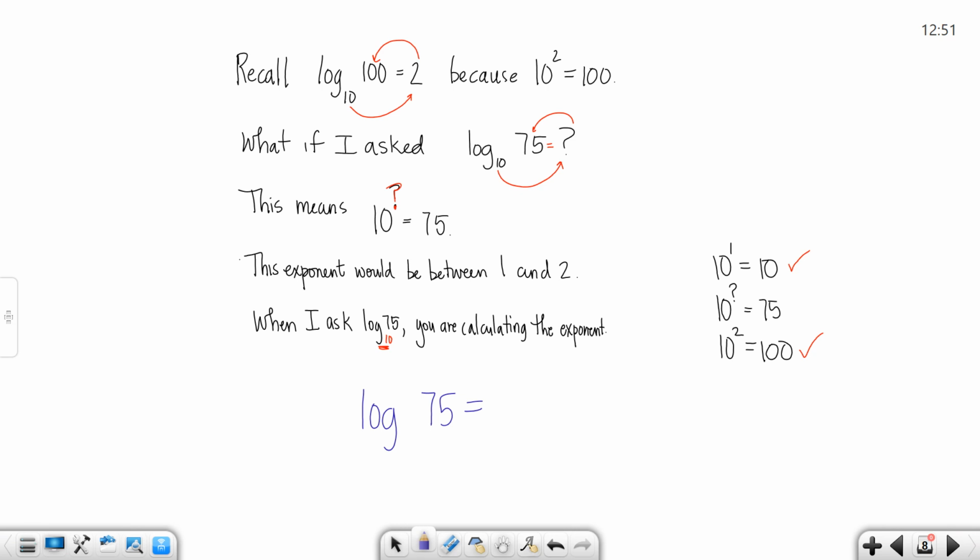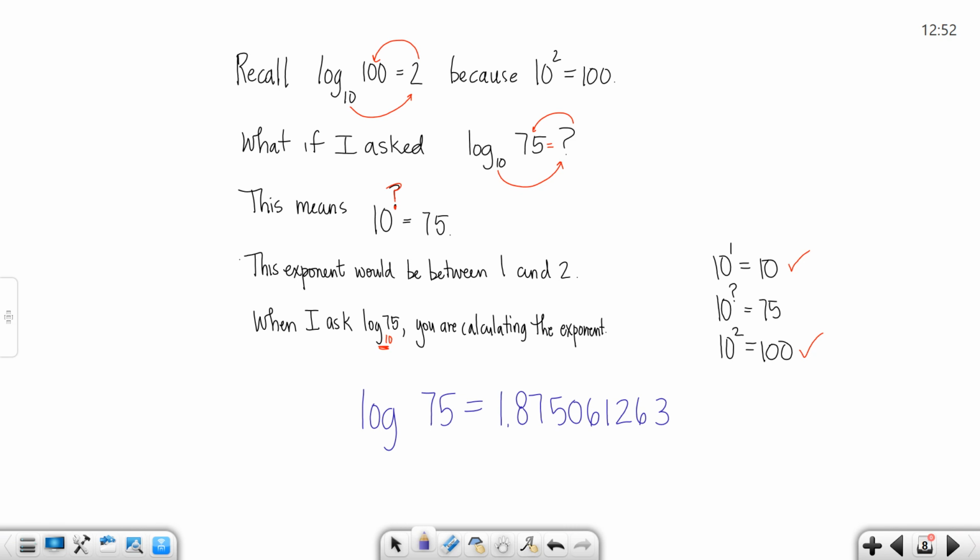Okay, so if you have the TI-30XA, what you're going to do is you hit 75, and then you hit the log key, the key that says LOG. And when you do that, you get 1.875061263.